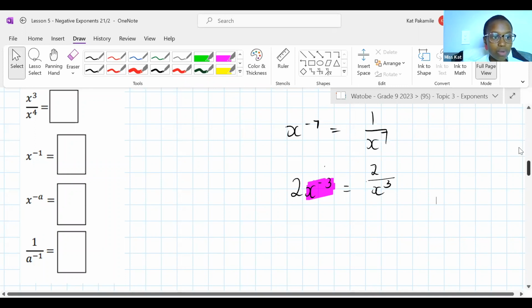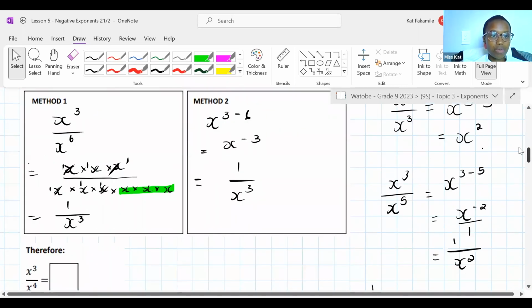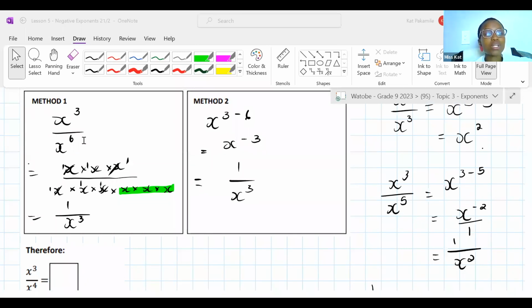Fellow, you missed the explanation in the beginning of why this is true. Remember the laws of exponents: when you're dividing and you have the same base, you subtract the exponents. That's what we did on the right-hand side. So if you had x cubed divided by x to the exponent of 6, according to law number 2 of exponents, you would get x to the exponent of 3 minus 6, which gives negative 3.